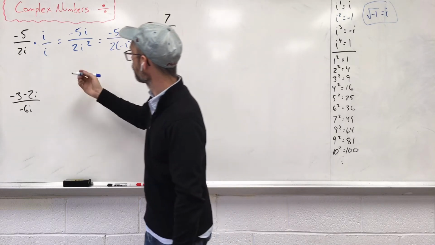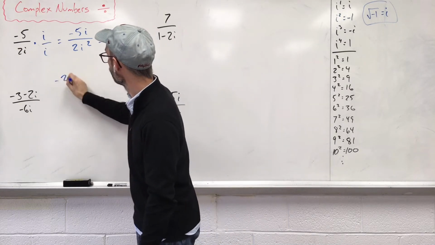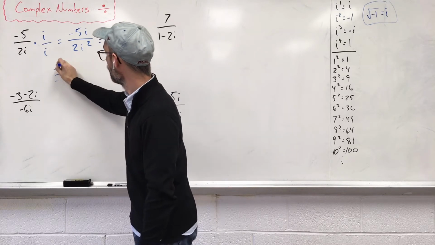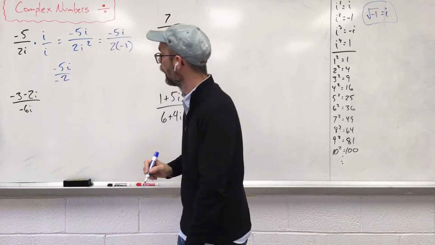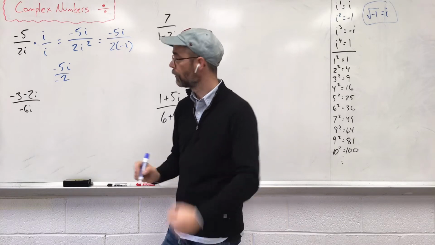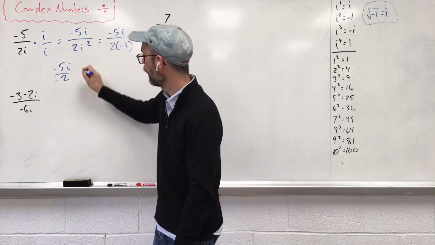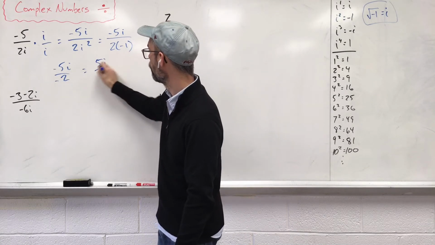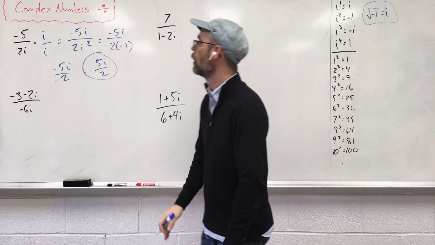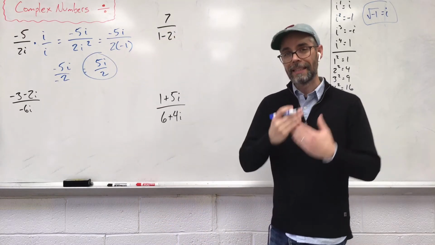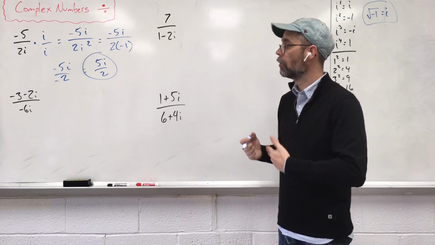Take this again, that's going to give me -2 on the bottom, -5i up top. I can do one last easy simplification. The two negatives cancel out, and you're left with just 5i over 2. So there's going to be work that we have to go through to get there.